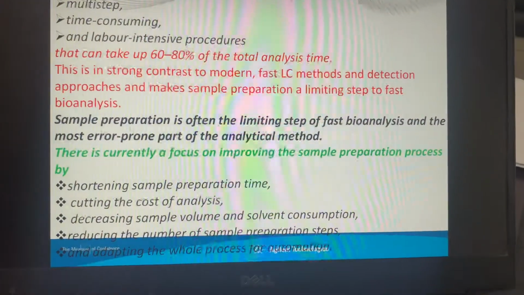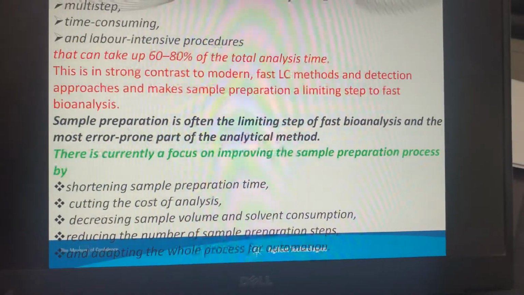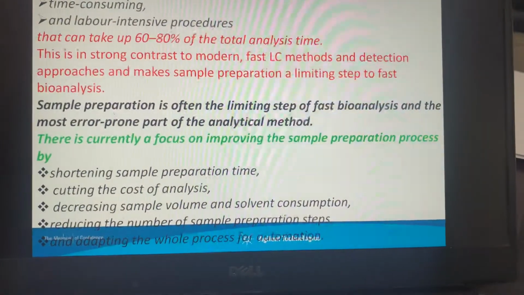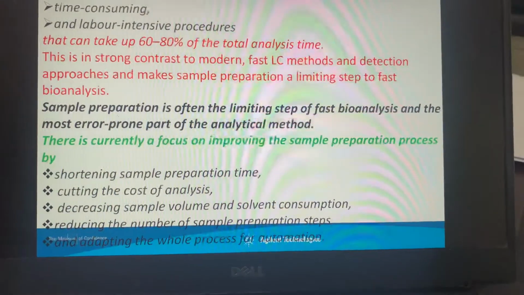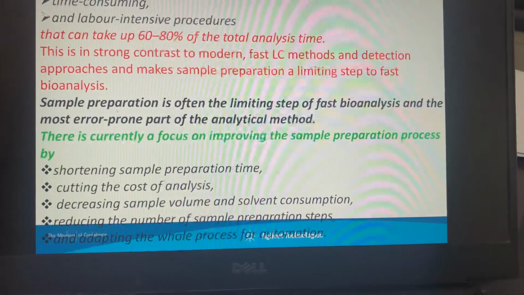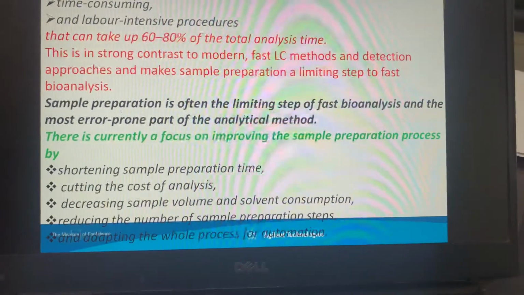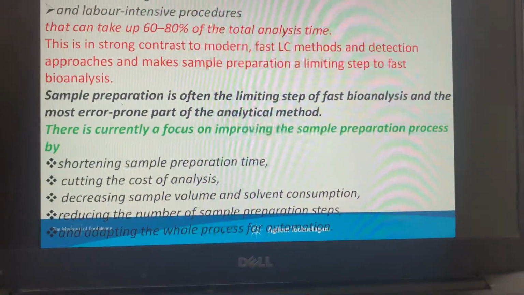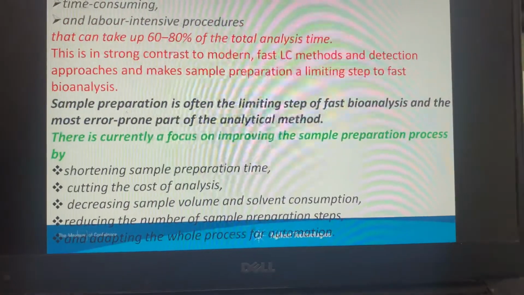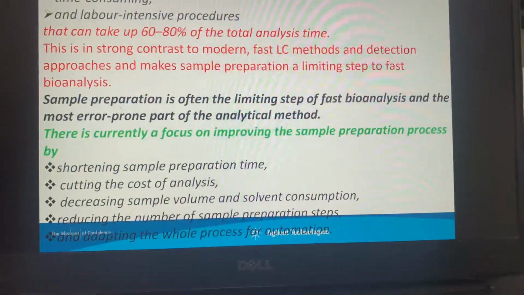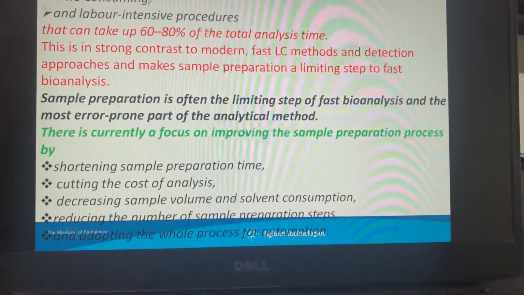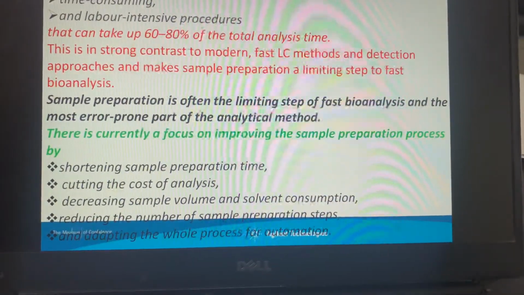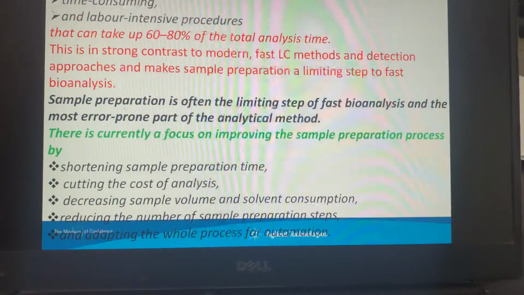There is currently a focus on improving the sample preparation processes, through which we can improve sample preparation or shorten the time. Shortening sample preparation time, cutting the cost of analysis, making it less labor intensive, decreasing the sample volume and solvent consumption, reducing the number of sample preparation steps, and adopting a whole process for automation.